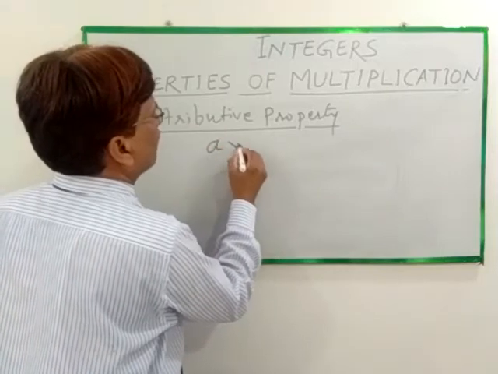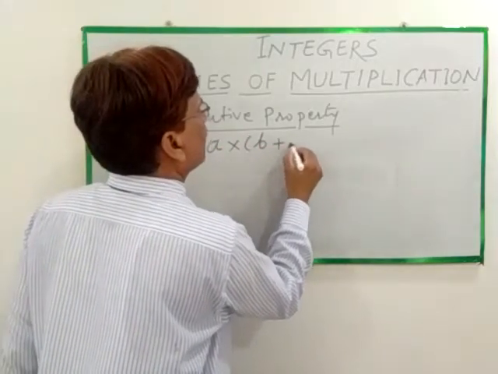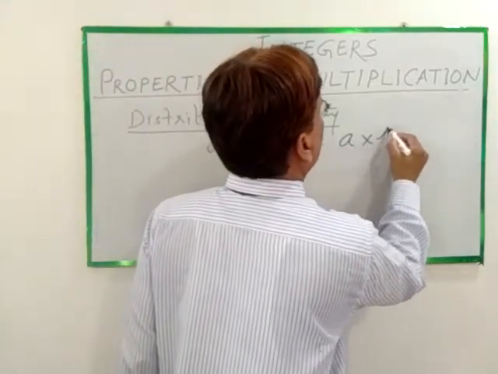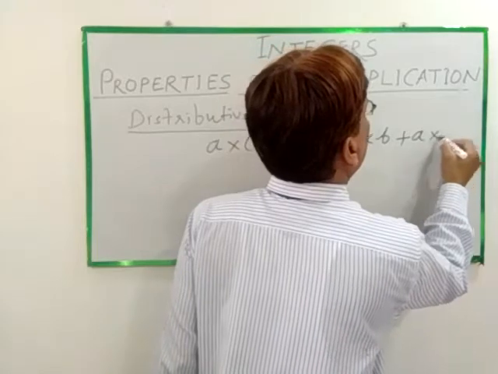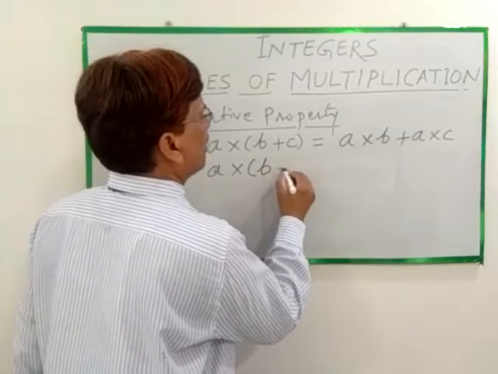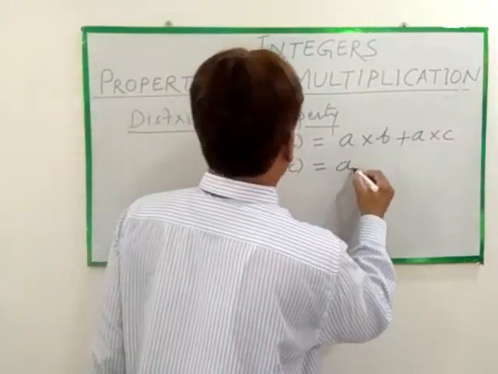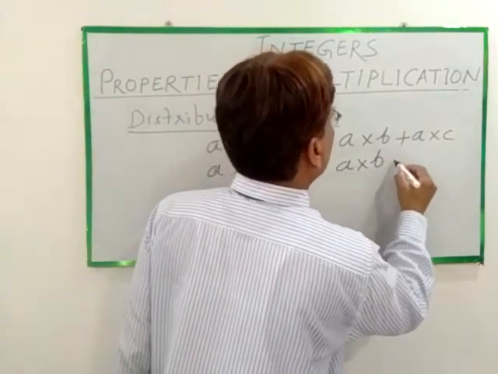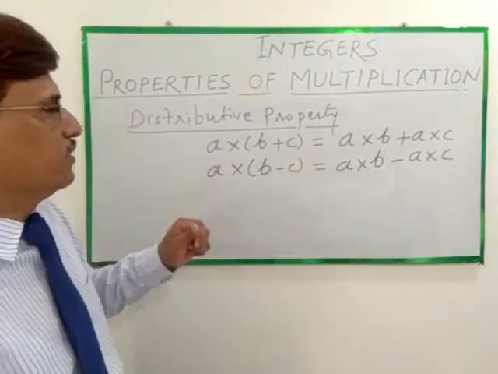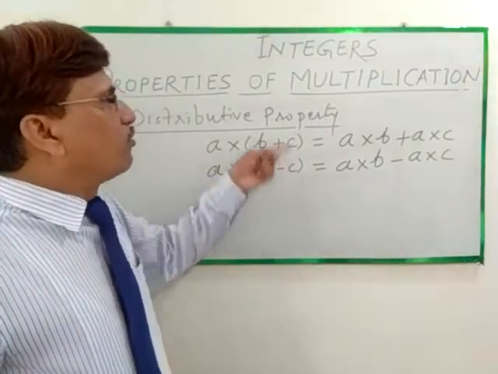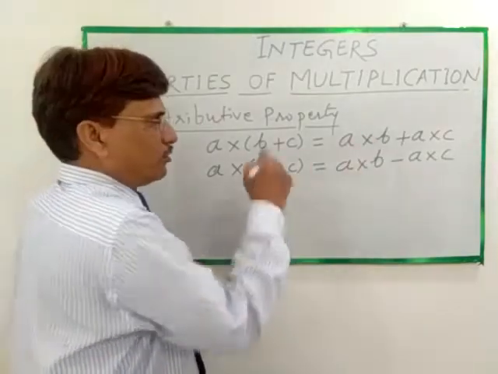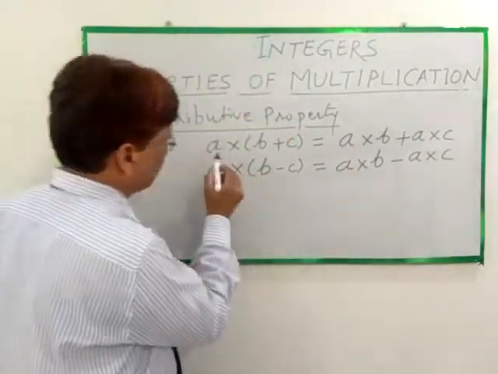A into (B plus C) is equal to A into B plus A into C. A into (B minus C) is equal to A into B minus A into C. You have already learned about this property in class 6. Look at the board and listen to me carefully.